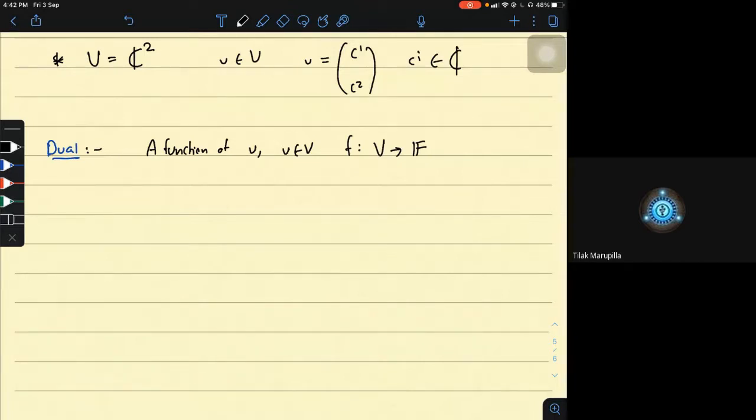And this space of functions is called the dual space of the vector space V.